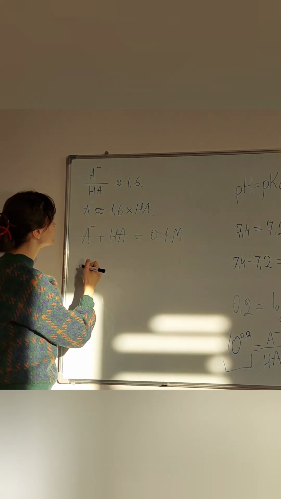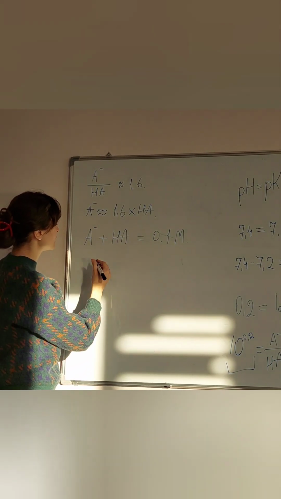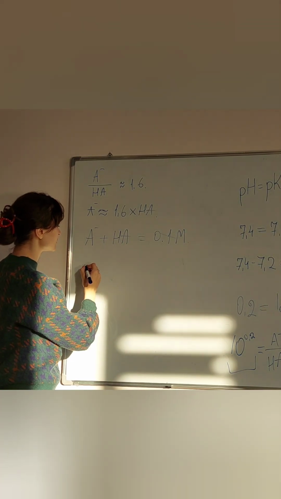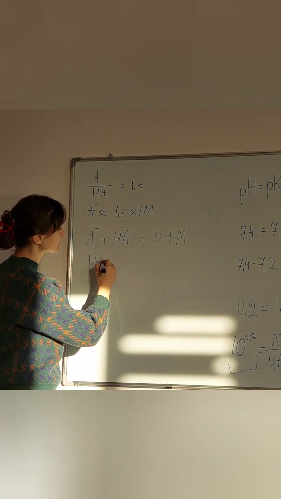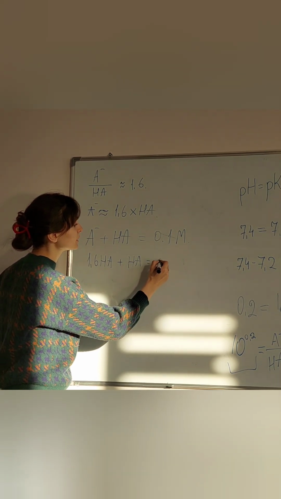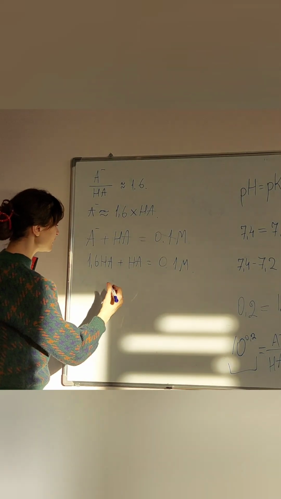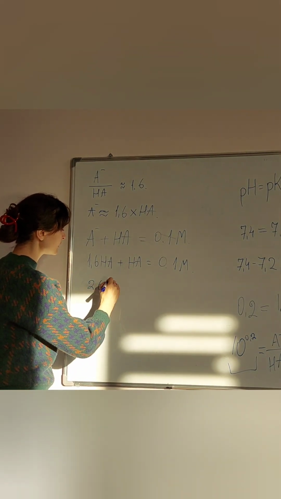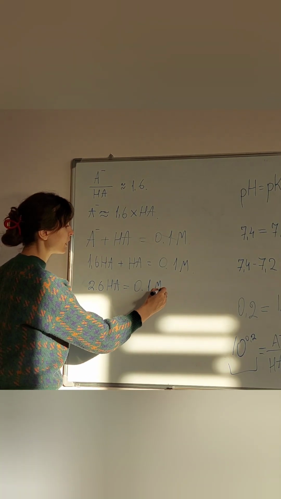The conjugate base equals 1.6 times the acid concentration. So we have 1.6 times acid plus the acid concentration equals 0.1 mole, so that will be 2.6 HA concentration equals 0.1 mole.